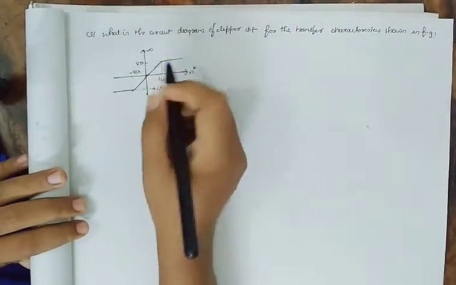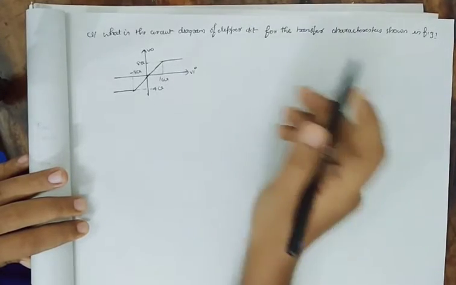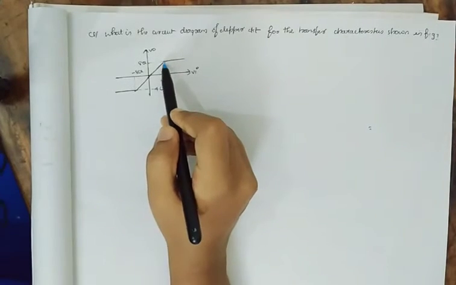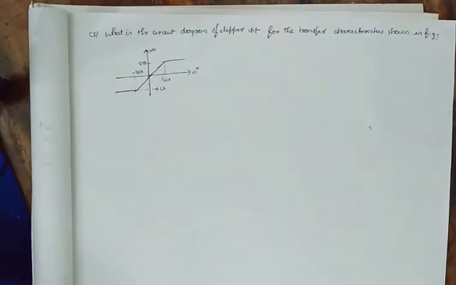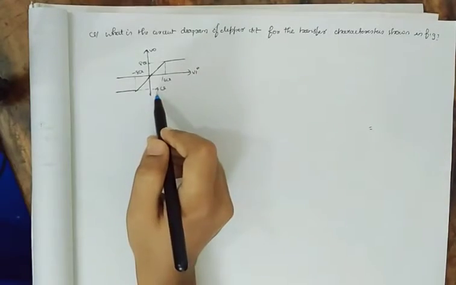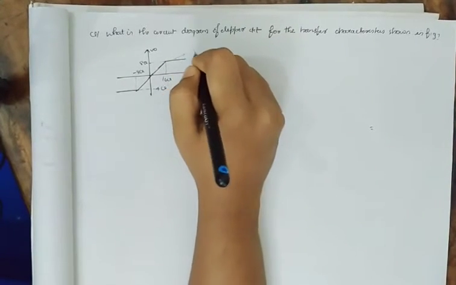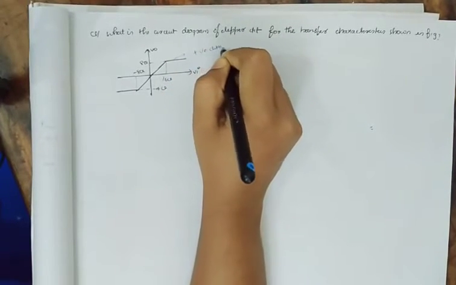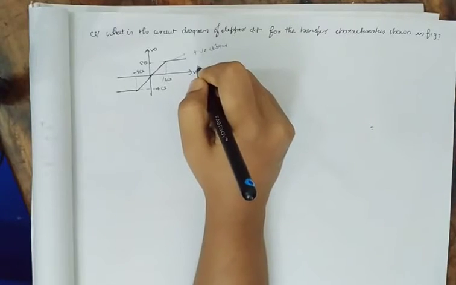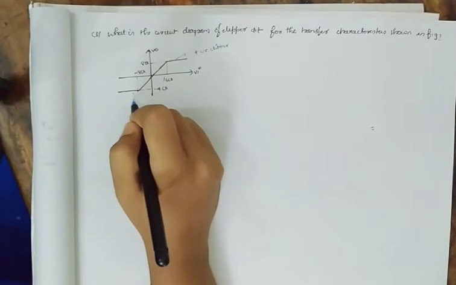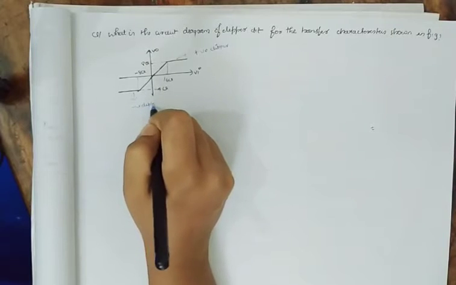Now in this question, what is the circuit diagram of the clipper circuit for the transfer function shown in the figure? As you can see, this one is constant after 8 and this one is constant after minus 4. So this represents a positive clipper, because the positive half of Vi is clipped, and this one is a negative clipper.